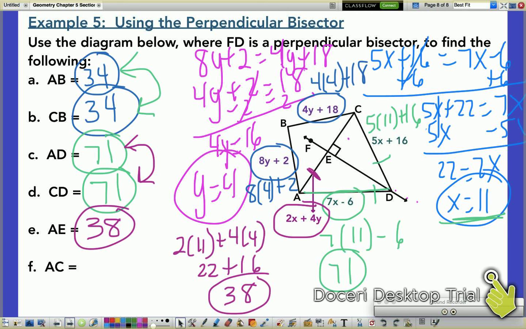So AE is 38. Now, make sure you watch because they want AC. That's the entire line. So I'm going to have to double 38, which would be 76. I know that was messy, and I apologize.